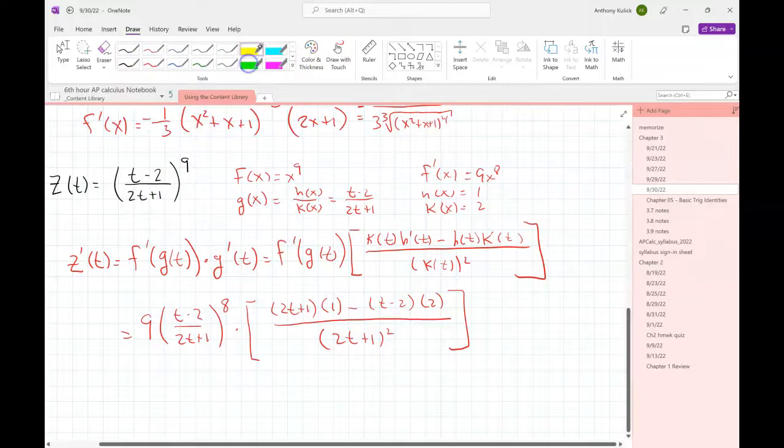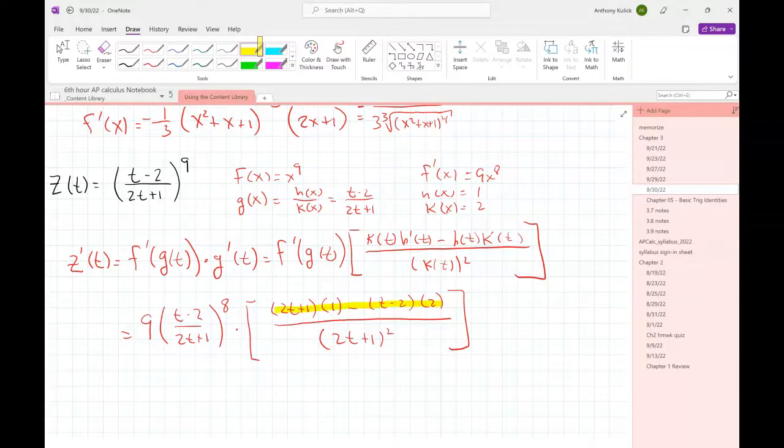And then Mr. Kulik would like to simplify this piece because that's pretty minimal simplifying and it certainly makes a big difference. So what do we give there? We have 2t plus 1 minus 2t plus 4.